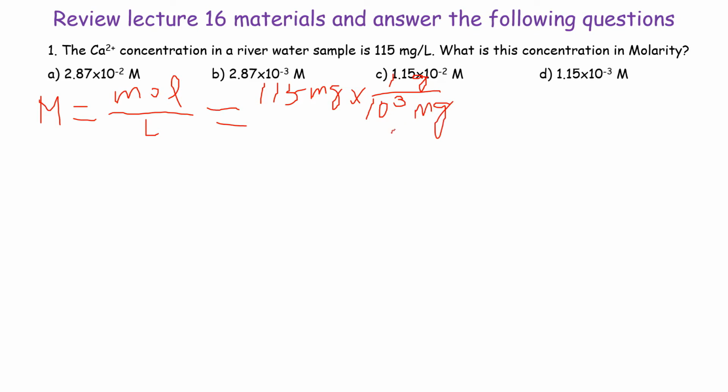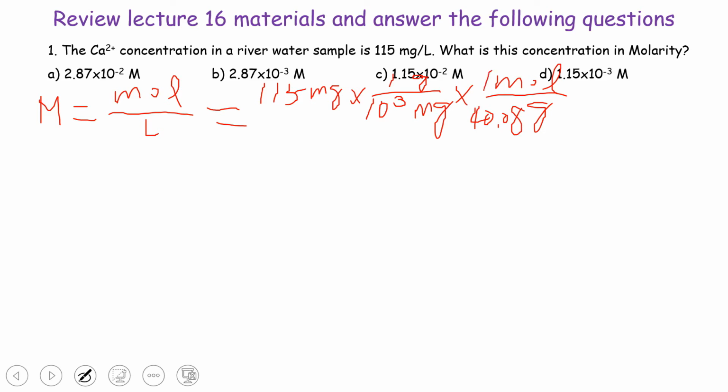So 1 gram equals 1000 milligrams, and then convert from grams to moles. For calcium, the molar mass of calcium is 40.08 grams in 1 mole.